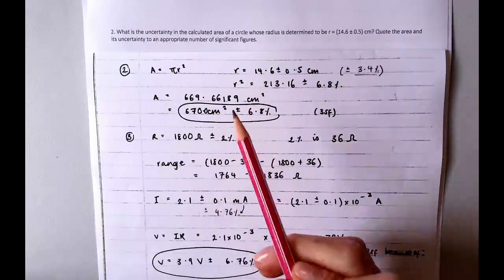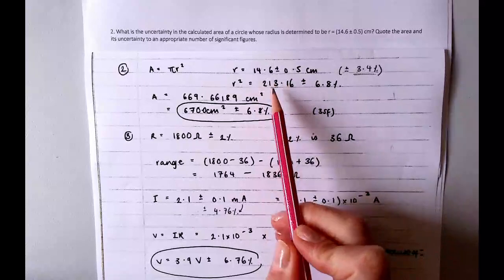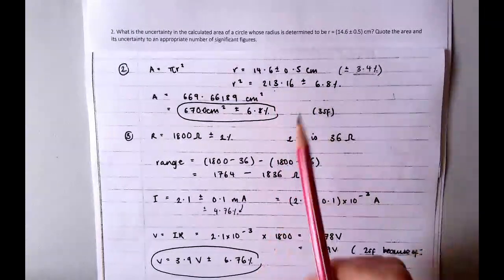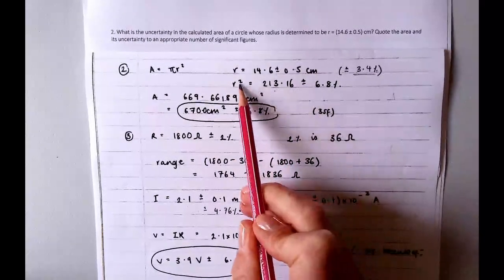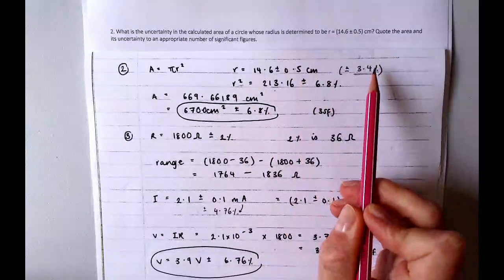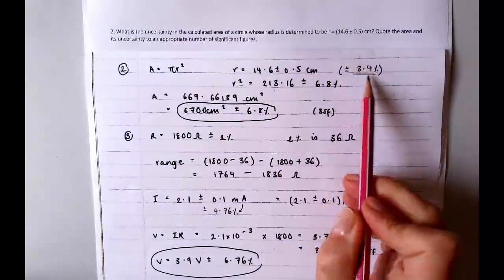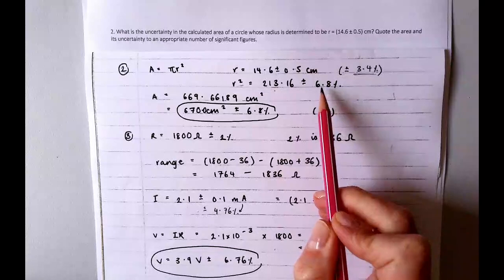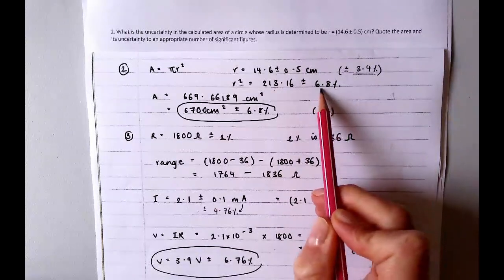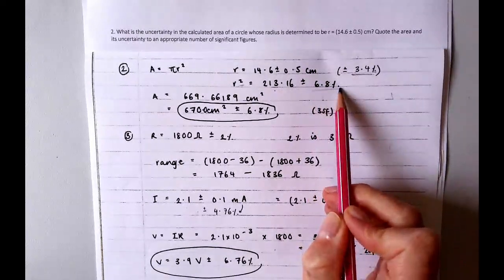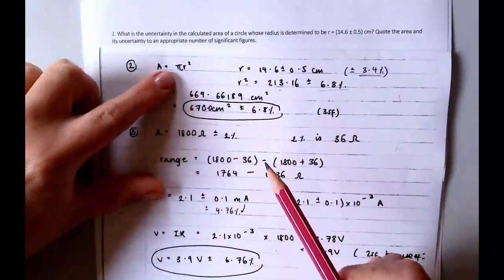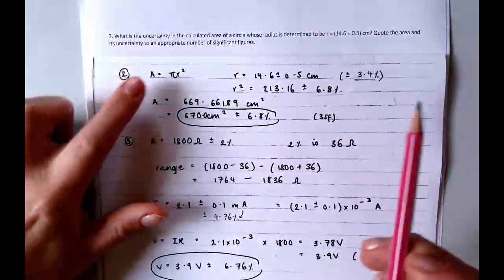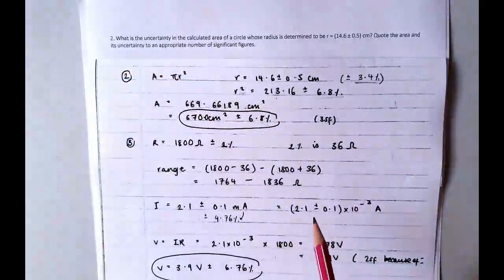If I find r squared, so 14.6 squared is 213.16, I'm going to have 2 lots of the percentage uncertainty. So 2 lots of 3.4 is 6.8. Okay, so I now have my percentage uncertainty in r squared. I'm going to need that because the area that I calculate comes from pi and r squared.